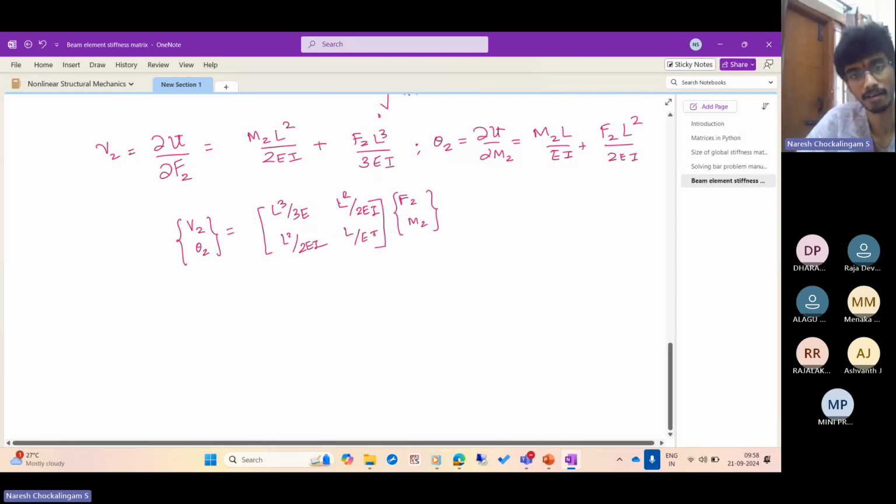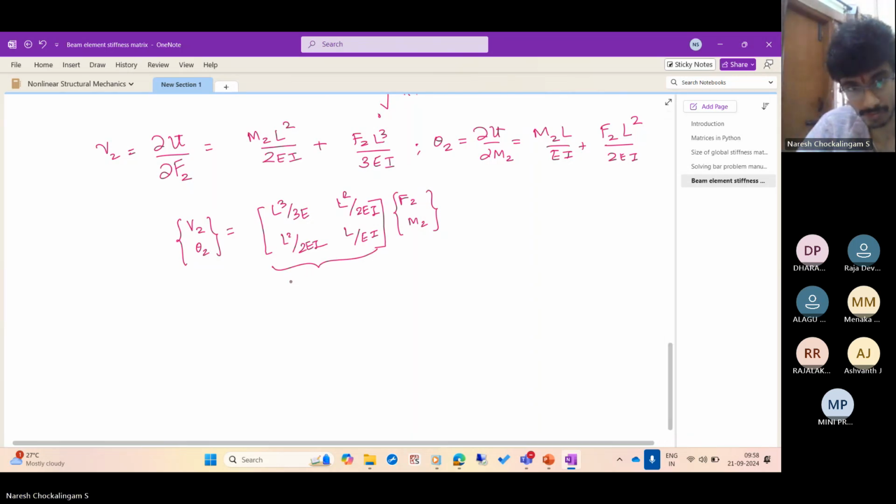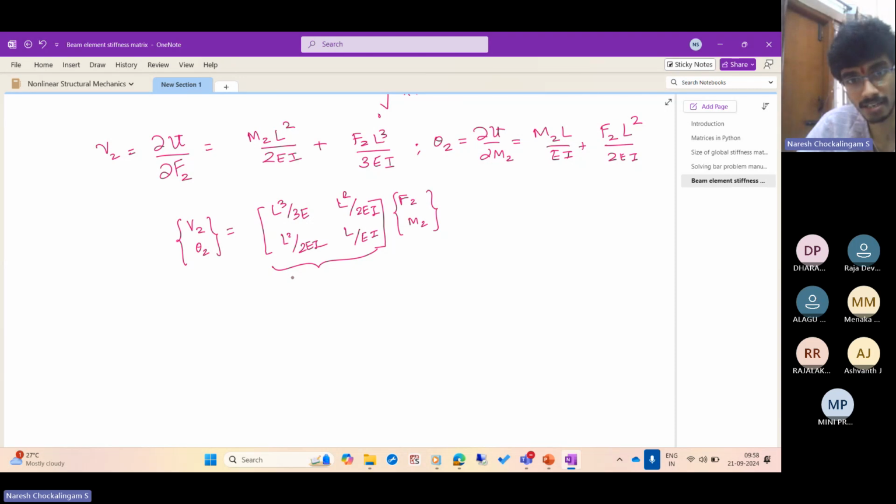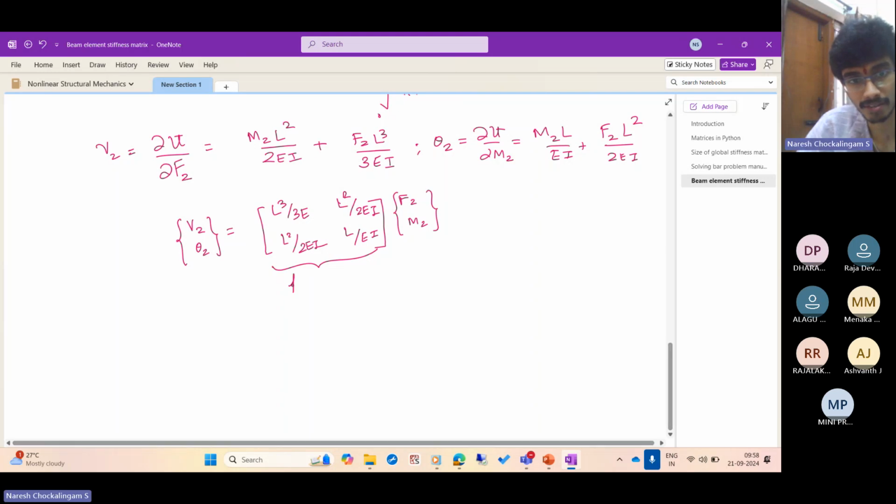Yes. So what is this matrix called? Stiffness, flexibility? A flexibility matrix, sir. Yeah, this is a flexibility matrix. Because corresponding to applied unit forces, these are the displacements that will be produced.